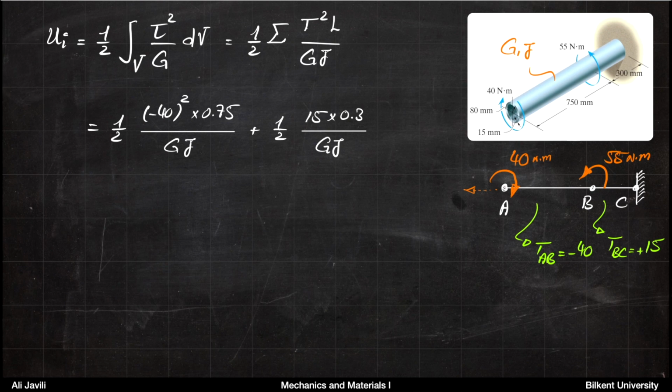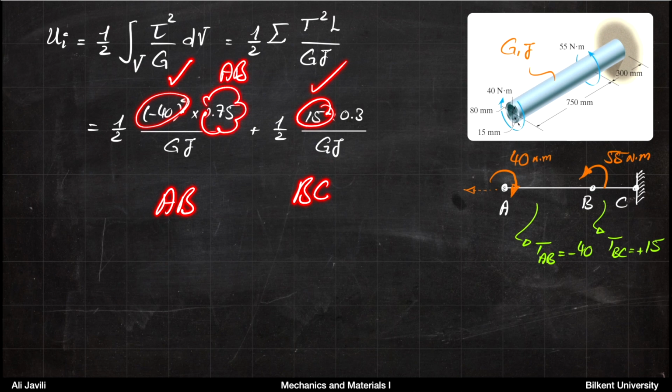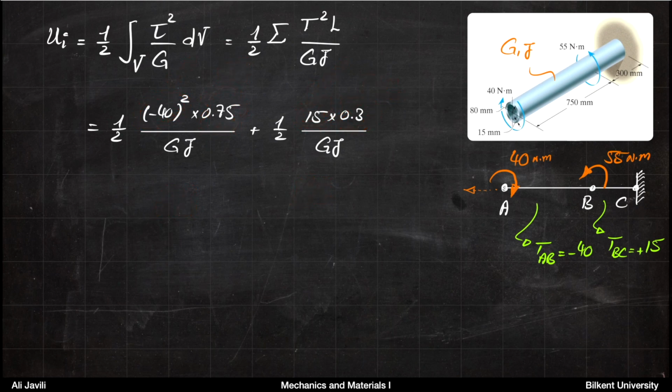Now, from A to B, T is minus 40. From B to C, T is plus 15. And this is the length AB, and this is the length BC. All right, so nothing is super complicated here, really. Your internal energy is 633.75 over GJ. This is the internal energy, the first part of the question.